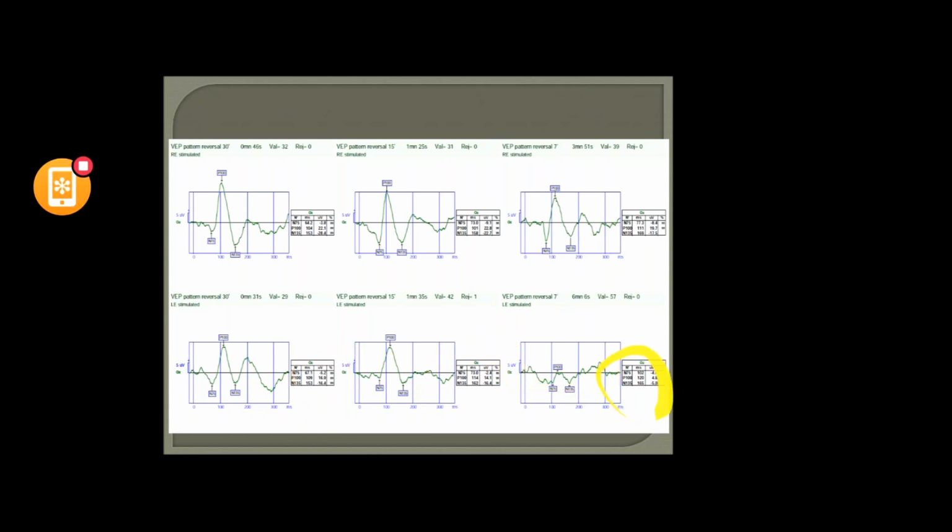You see that center P100 is approximately 4 microvolts. This 4 should not be. In the same eye and the same minute of arc, it is around 19. But in the left eye, the same minute of arc shows 4. If you look at the waveform, you can see that it is pretty small compared to this. So in that left eye, there is something that is why that amplitude has come down.